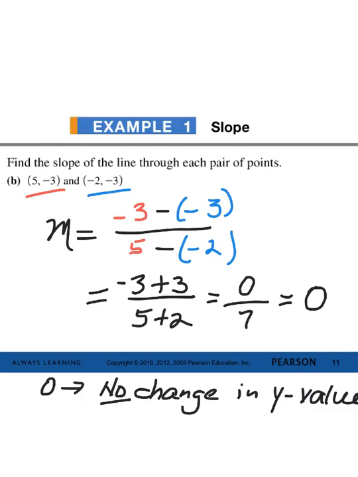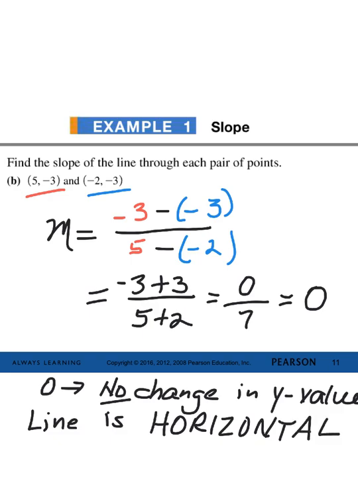And the thing that's important to realize about this is that it tells me that my line is horizontal. In other words, if I try to graph this, I have the point (5, -3), which would be here, and a point (-2, -3), which might be over here.